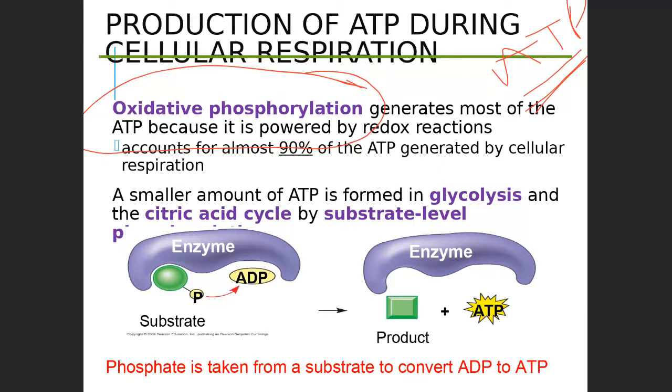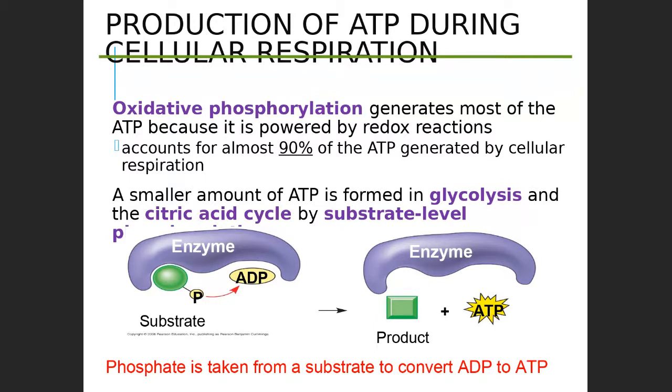And this is an enzyme, the ATP synthase, or else by substrate level phosphorylation. What happens here is another enzyme, but this enzyme recognizes a substrate that is phosphorylated, and it will take the phosphate. Look at that. It doesn't need a proton. It doesn't need ATP synthase.